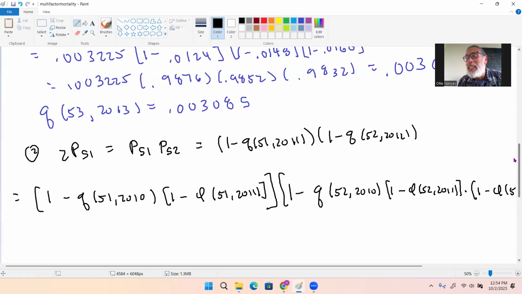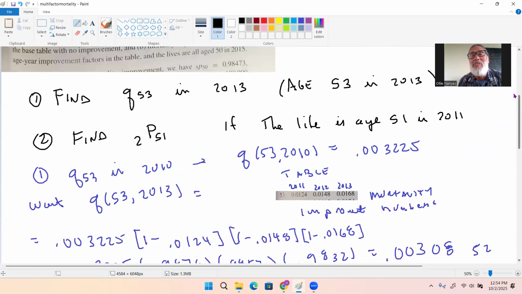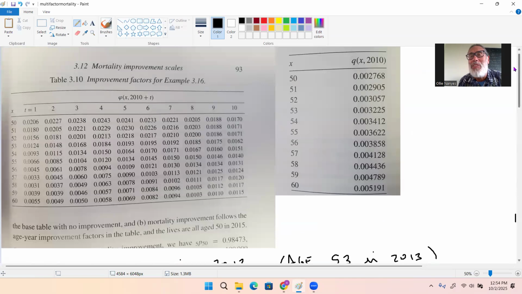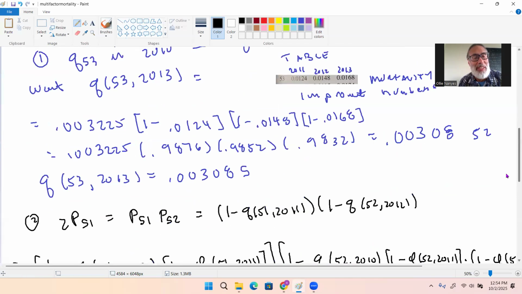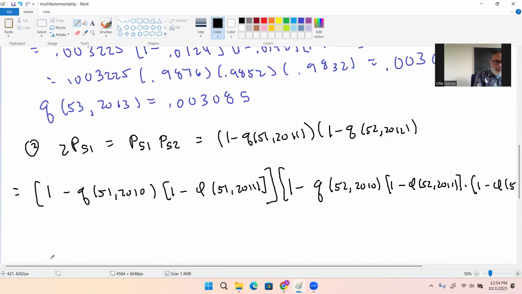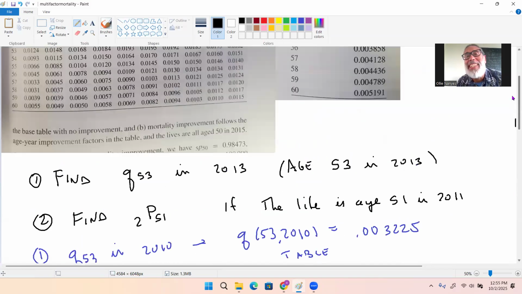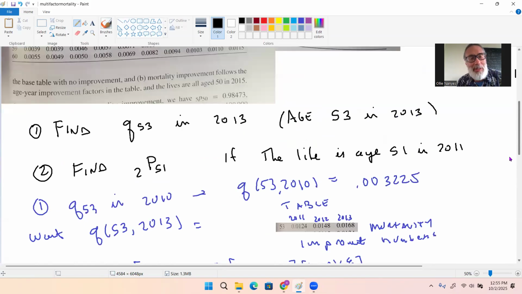We need the baseline numbers. So age 51 at 2010 is 0.002905. Let me make sure I got that right, because I'm prone to forget. 2905.